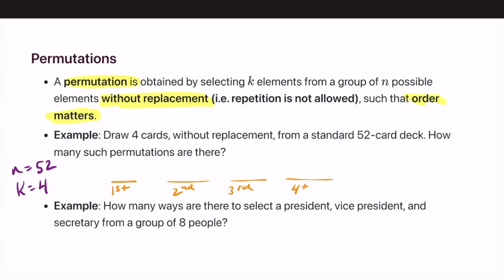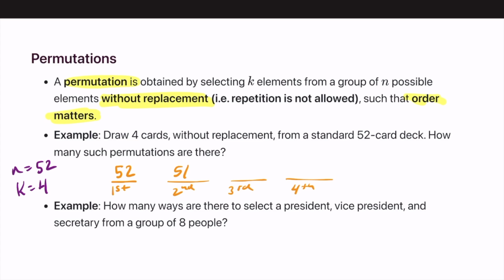third, and fourth. But now we start with 52 cards, and then we say, okay, one card goes away, so this becomes 51 cards. And why is that?